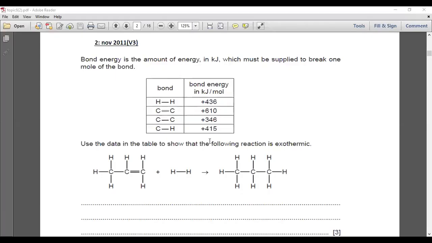He said it's already exo. But I need from you to find delta H. So start in your paper. Everyone kindly solve this question, then tell me, is it exo or endothermic reaction?